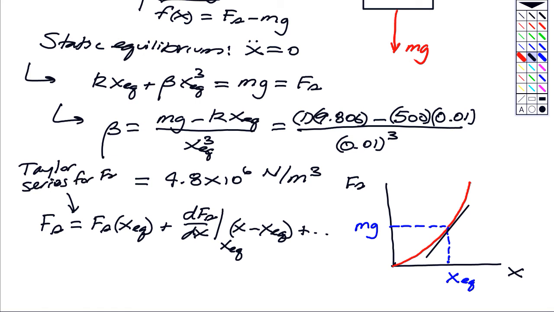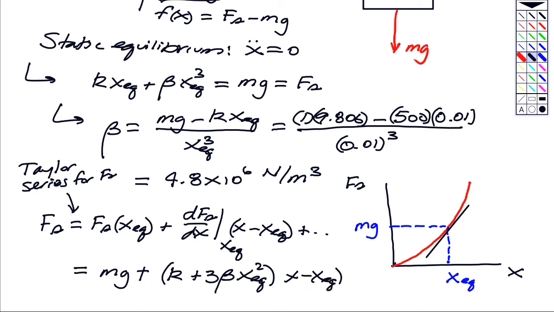We know that at equilibrium, Fs is equal to mg. dFs/dx is going to be equal to k plus 3 beta xeq squared, times x minus xeq, and so on.